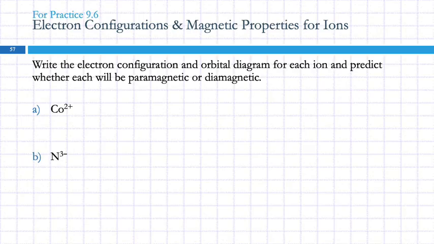So write the electron configuration and orbital diagram for each ion, and predict whether they're paramagnetic or diamagnetic. So here we'll get some practice with two different things. So here's cobalt. We're just going to do what's after the noble gas, right? So cobalt would be argon.